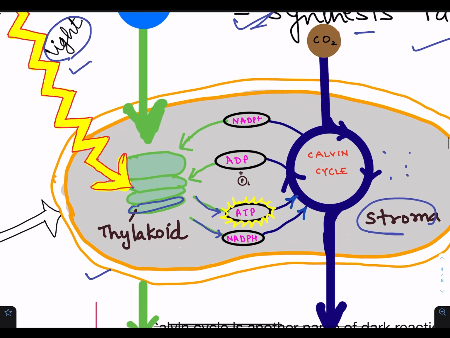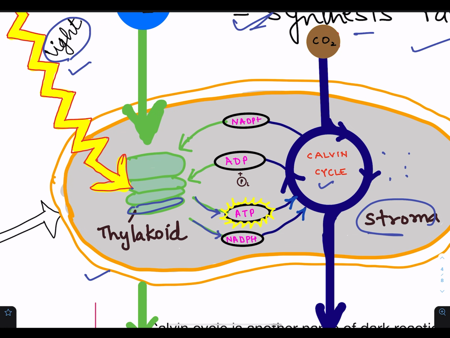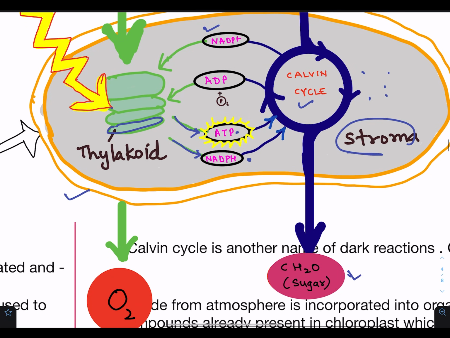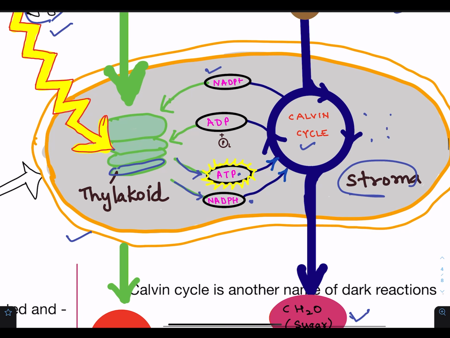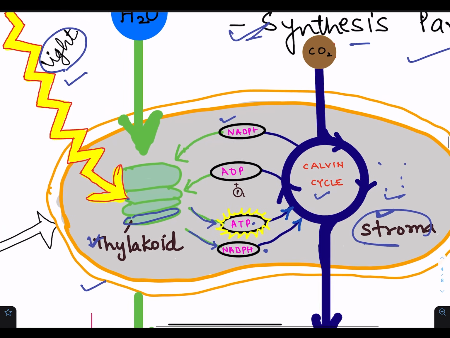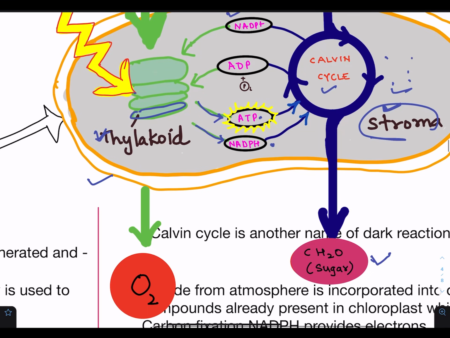Then the light independent reactions, or the Calvin cycle, will use these two things, ATP and NADPH, to produce NADP and finally sugars. So we clearly see that the dark reactions or the light independent reactions are occurring in the stroma, while the light reactions are occurring in the thylakoid, and oxygen is produced here and sugars are produced here.